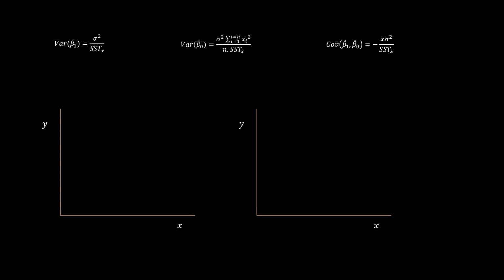Visually speaking, if x has low variance in the sample, that means data is concentrated at a given value of x, then for a different sample of y, we can get a dramatically different pair of estimates. That indicates a lot of uncertainty in the parameters if x is concentrated.